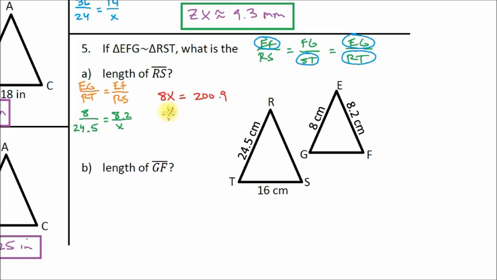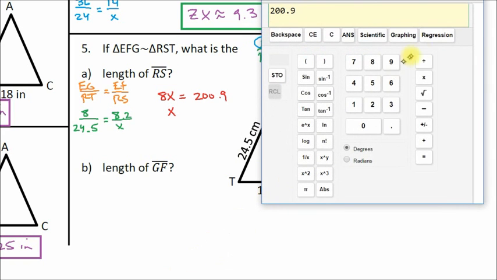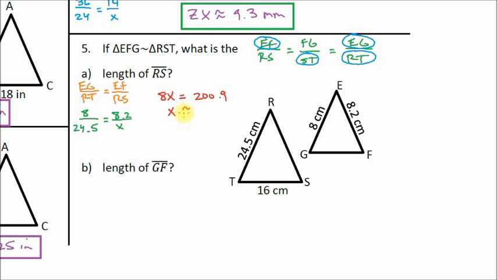And now we're going to divide both sides by 8. And we've got to round this. 25.1 is rounded to one decimal. So it's approximately 25.1, and that means our final answer RS is approximately 25.1 centimeters. So there's our first one.